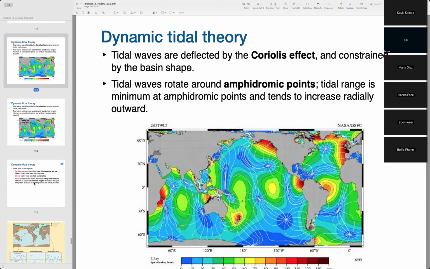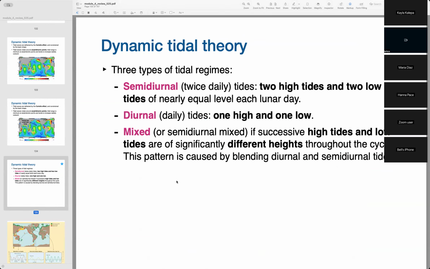Right, and so these dynamic tidal theories predict three types of dynamic regimes. We have either semi-diurnal tides, which are areas where we have two high tides and two low tides every day. We have other places where we only have diurnal tides, so we only have one high tide every day and one low tide every day.